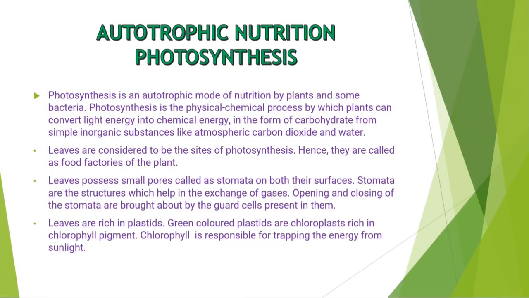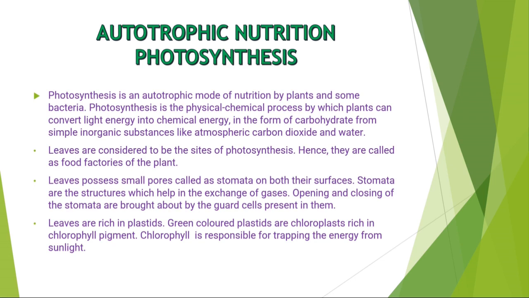So, what is photosynthesis? You have been learning this concept from class 5, I hope, but we need to recapitulate it. Photosynthesis is a process in which plants make their own food in the presence of carbon dioxide, water, and sunlight, with a green pigment called chlorophyll helping to trap the solar energy.